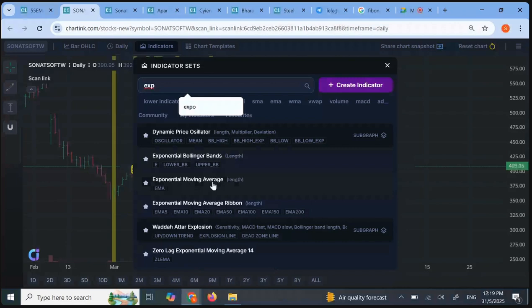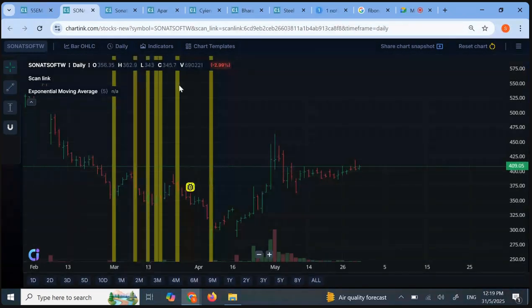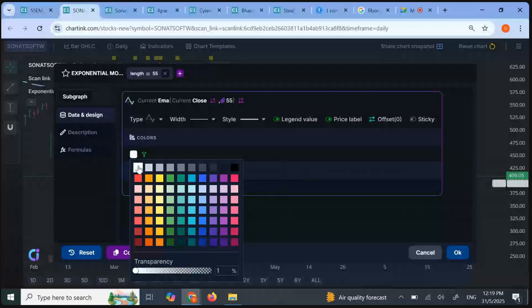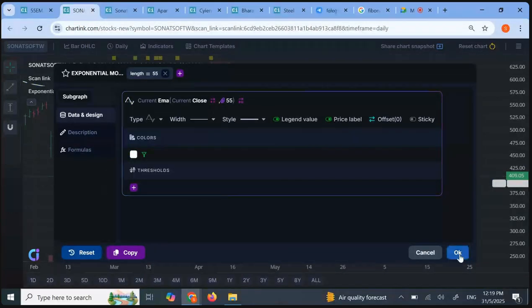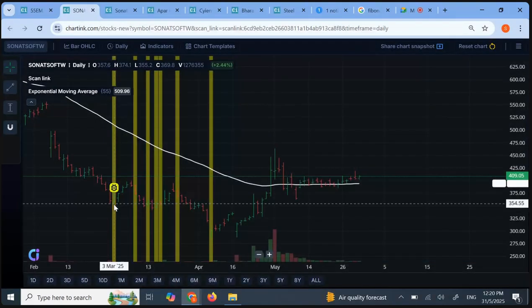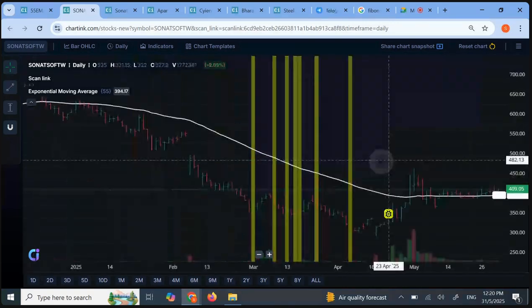Exponential moving average. I will draw the 55-day moving average, and I'll make the color somewhat bright so it is visible. So you see the stock has fallen a lot.